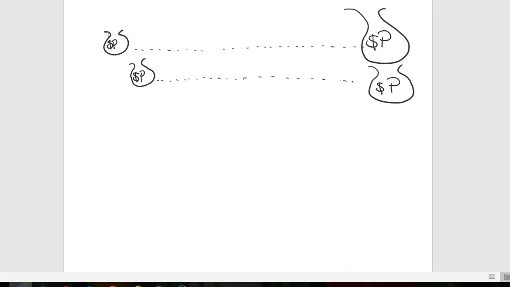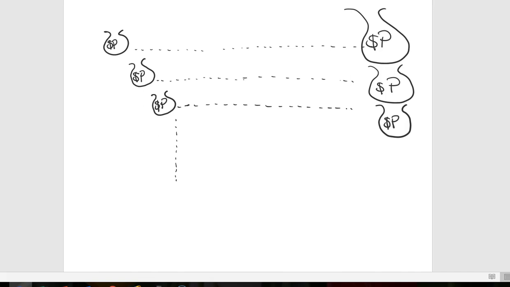Then, after a short amount of time, I deposit another exactly the same amount. It's going to sit there earning interest, but it doesn't sit there as long as the second one or the first one, and it's going to grow into P dollars. Well, this continues on over many, many years.